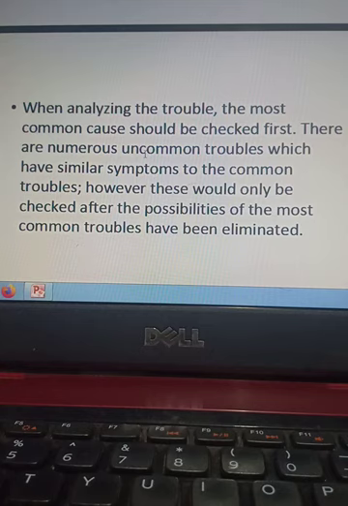So there are many uncommon troubles with the same symptoms, but we look at them only after the common troubles have been corrected. If you correct the common troubles and the trouble is still there, then maybe there is another trouble.